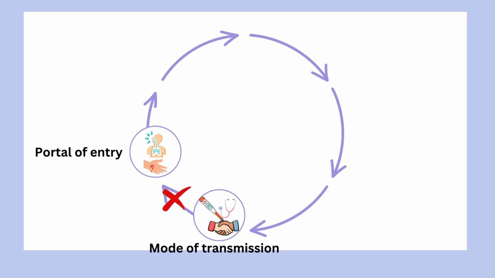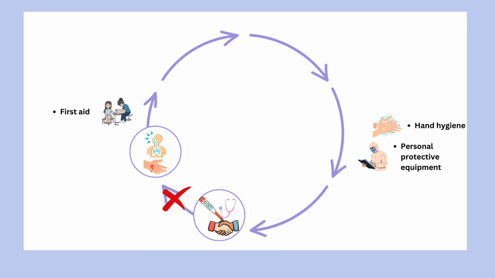To prevent the infectious agent from entering the host through any possible portal of entry, in addition to the hand hygiene and PPE that we apply for other steps, seeking proper first aid can prevent the infectious agent from entering the host through a wound. Personal hygiene also plays a key role in preventing infectious agents from entering the host by reducing the likelihood of exposure to pathogens.